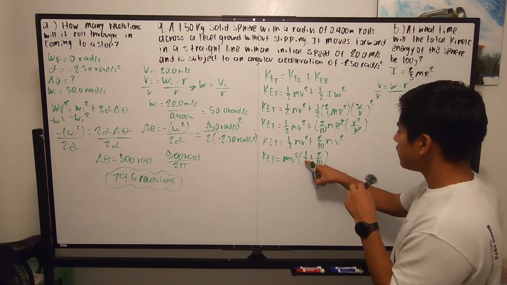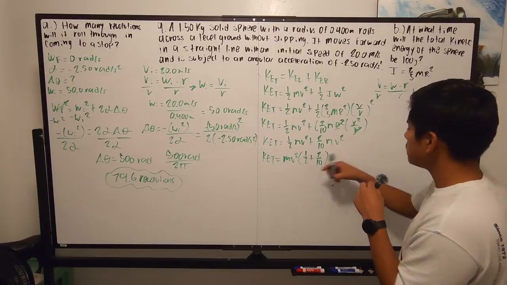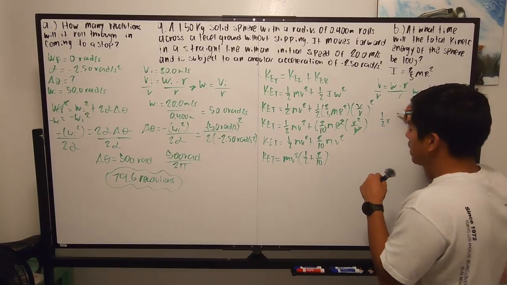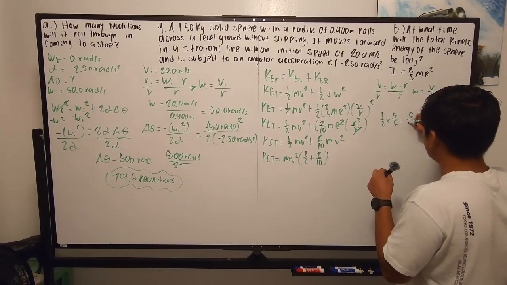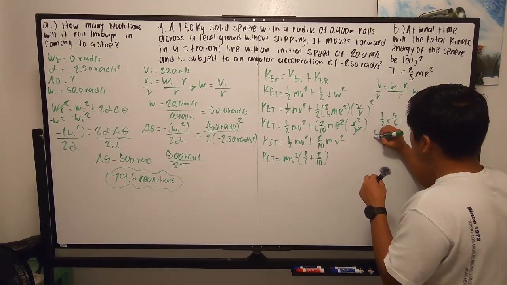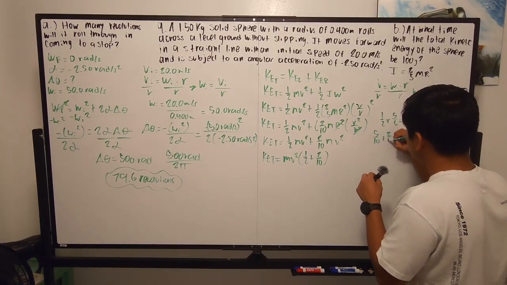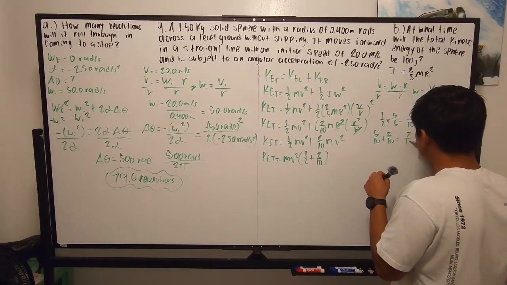So to simplify, I'm going to get a common denominator. I'm going to multiply this 1/2 by 5/5, which is then equal to 5/10. And I'm going to do 5/10 plus that 2/10. Now I get 7/10.